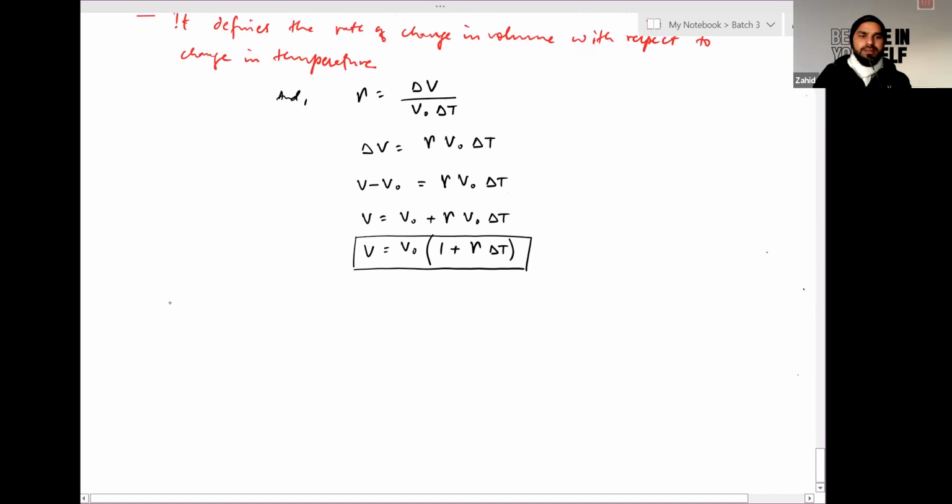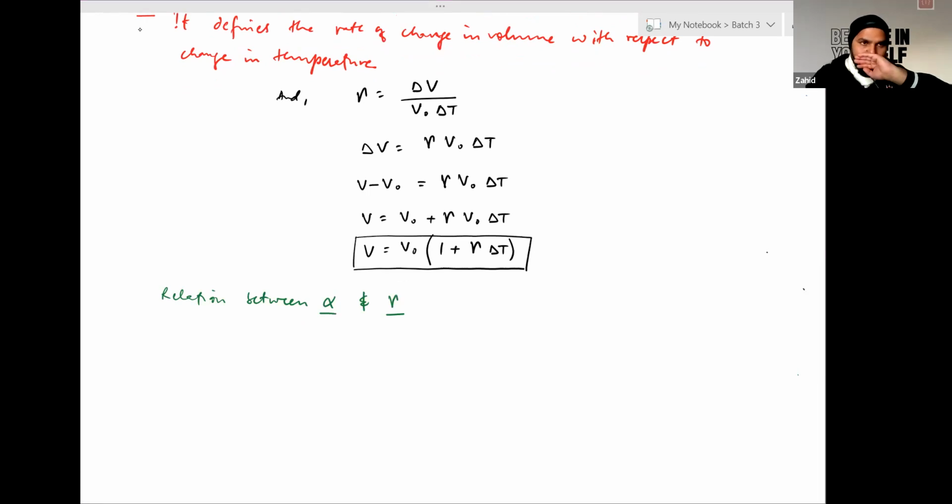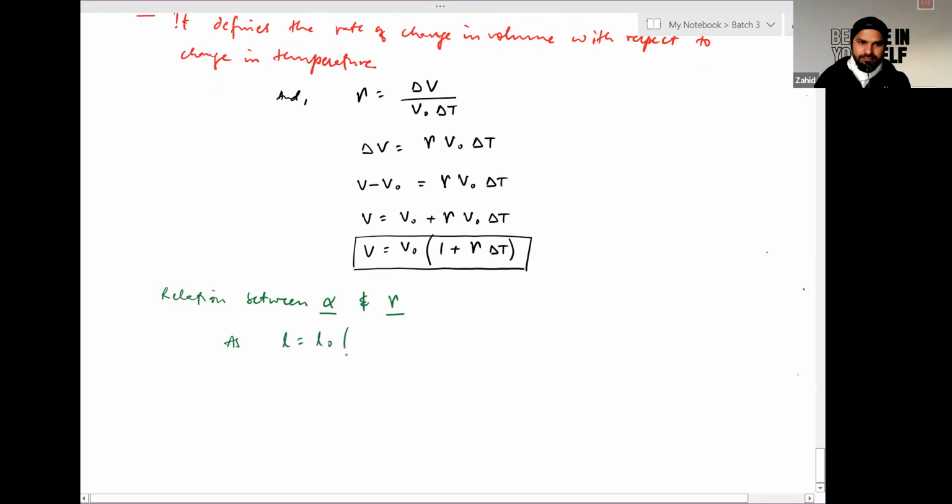Okay. So we may define gamma in terms of alpha. Relation between alpha and gamma: according to linear expansion, length equals L naught times 1 plus alpha delta t.